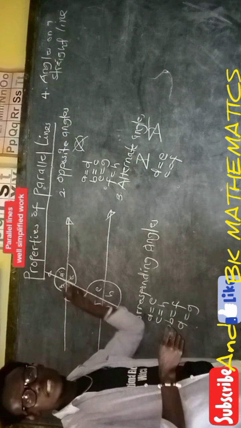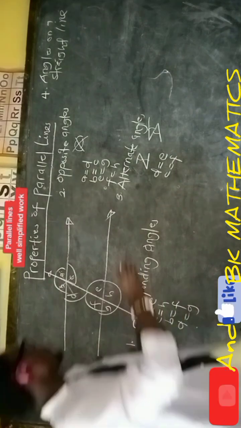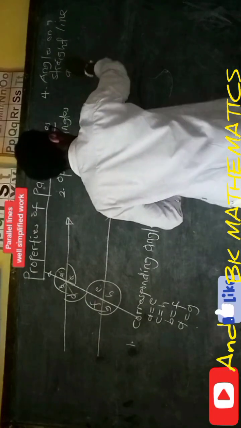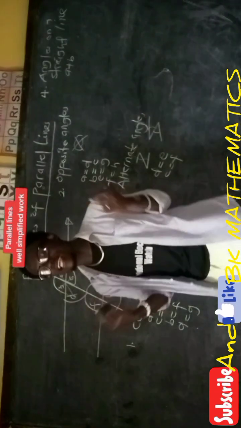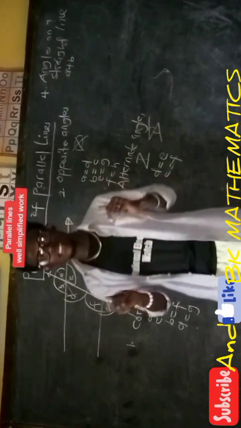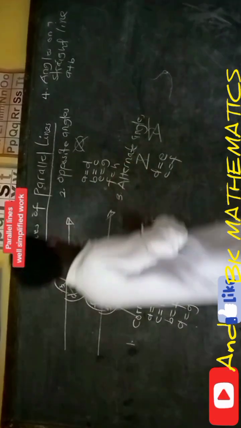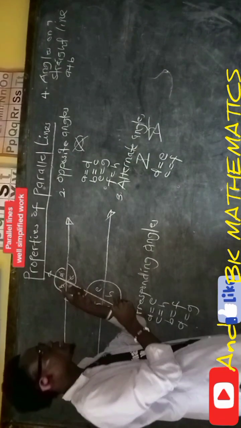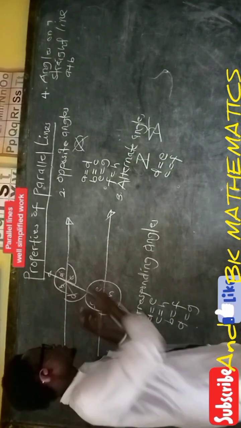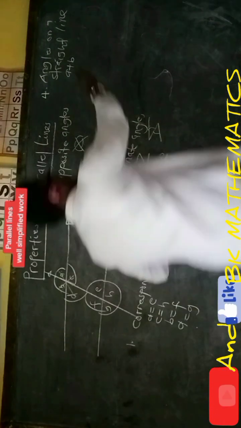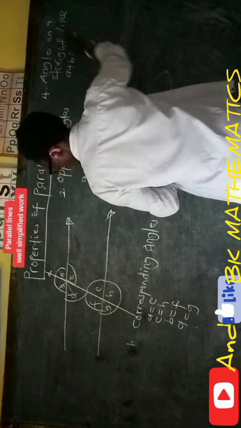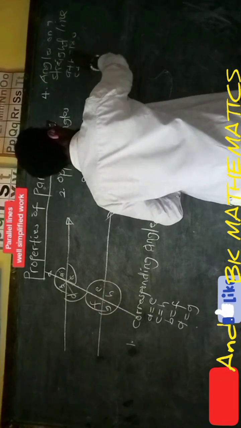We say A plus B. We know angles on a straight line sum up to 180 degrees. Then automatically we say A and B are equal to 180. C and D, they are equal to 180 because they are on a straight line. We say C plus D equals 180 degrees.